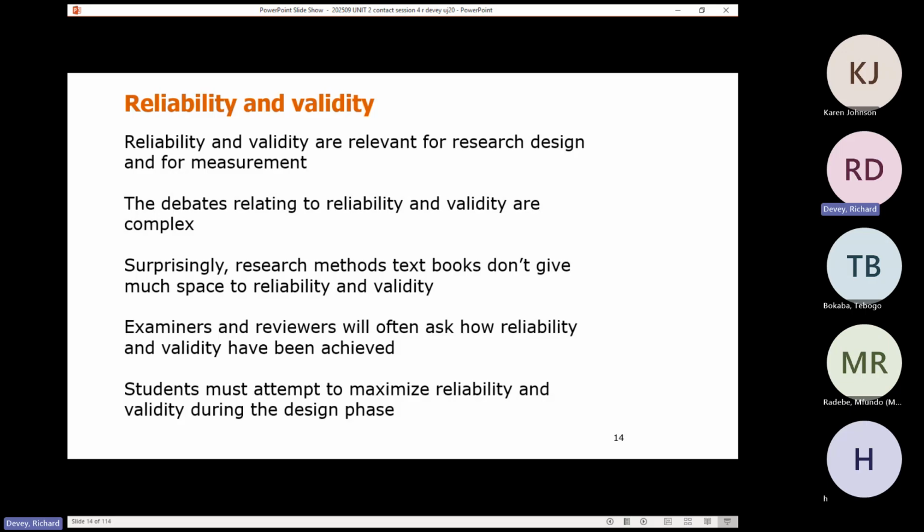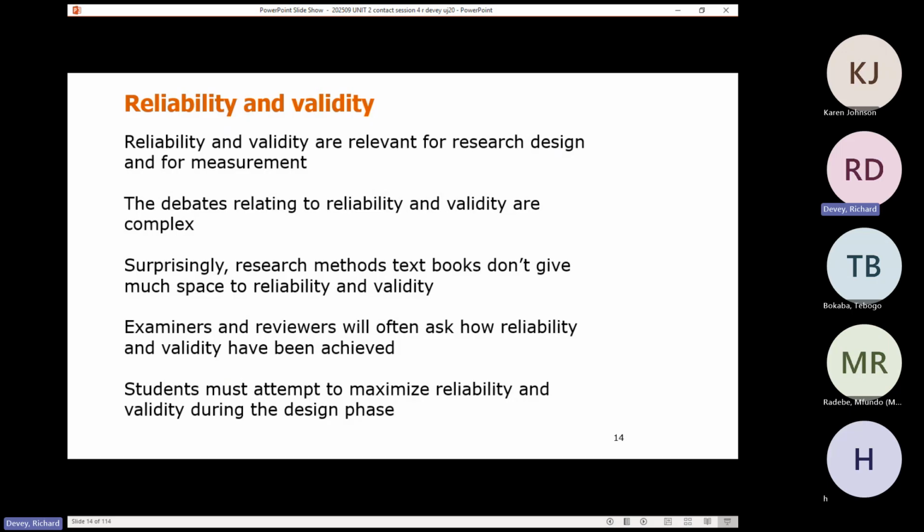Reliability is a bit easier because it's not as complex as validity, but both concepts have various meanings, and there can be very complex debates about them. Quite surprisingly, research methods textbooks don't often give a lot of detail on validity and reliability.